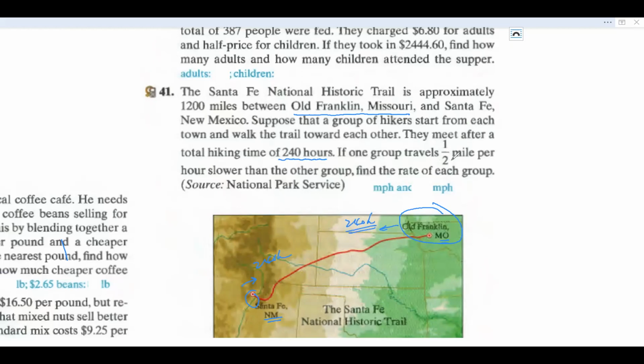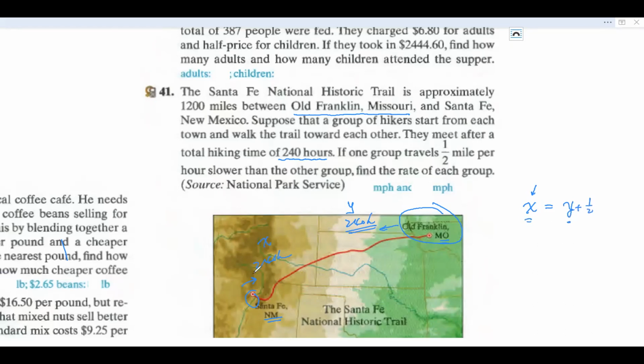If one group travels half a mile per hour slower than the other, one rate is X and the other rate is Y. Suppose X is quicker and Y is slower.